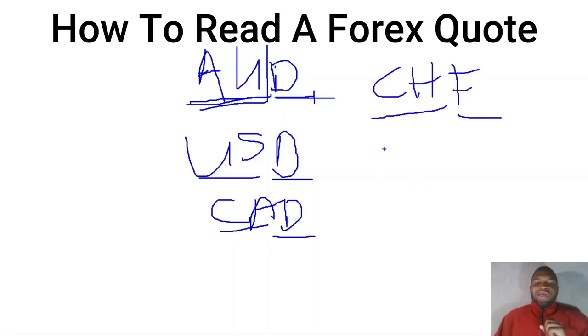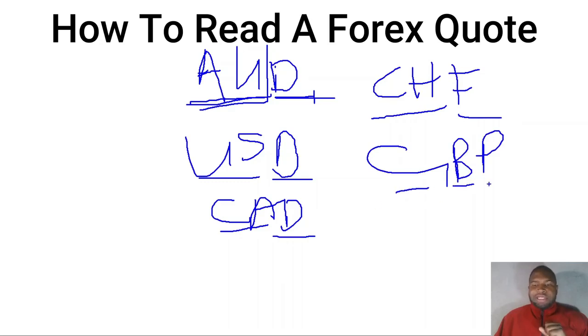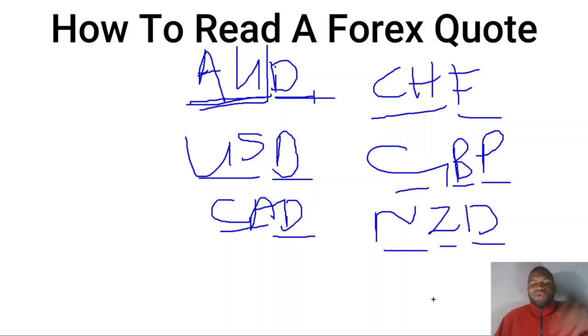We also have the GBP, one of my favorites, the Great Britain pound, and so on. Even the NZD, which is the New Zealand dollar. Maybe I will just call out all of the 8 currencies that we said we often trade.